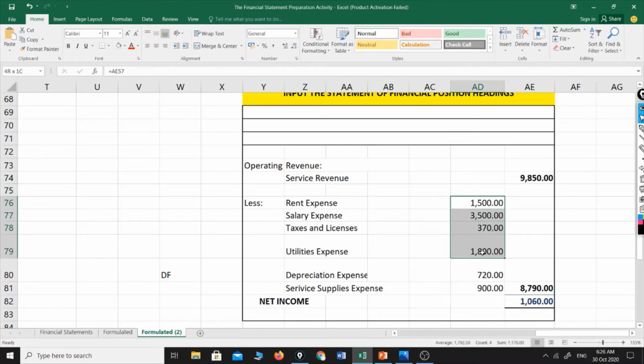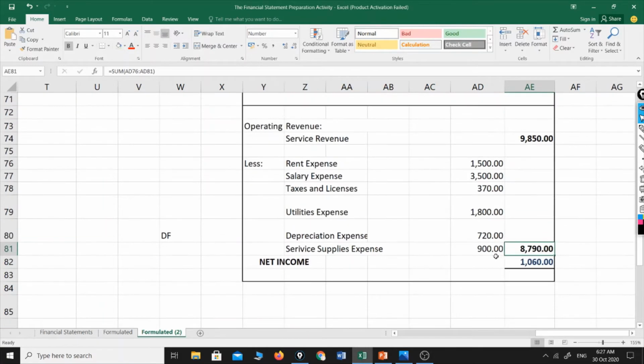So, bali, lay down sa nato ang all amounts, the expenses, then beside the last portion of the expense, you put the total amount of all operating expense. 1,535 plus 370 plus 1,800 plus 720 plus 900. So the total amount for that is 8,790. So you can have this type of presentation for your income statement.